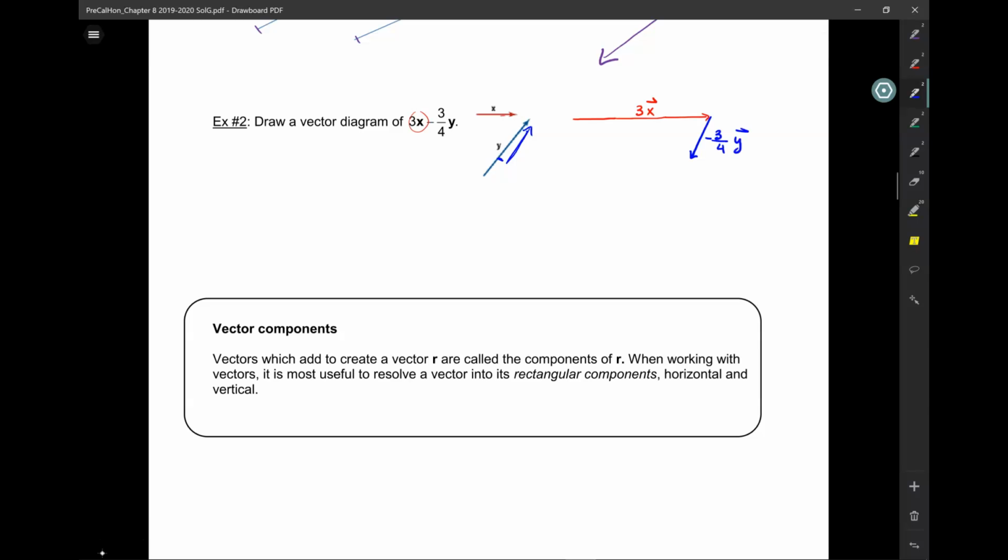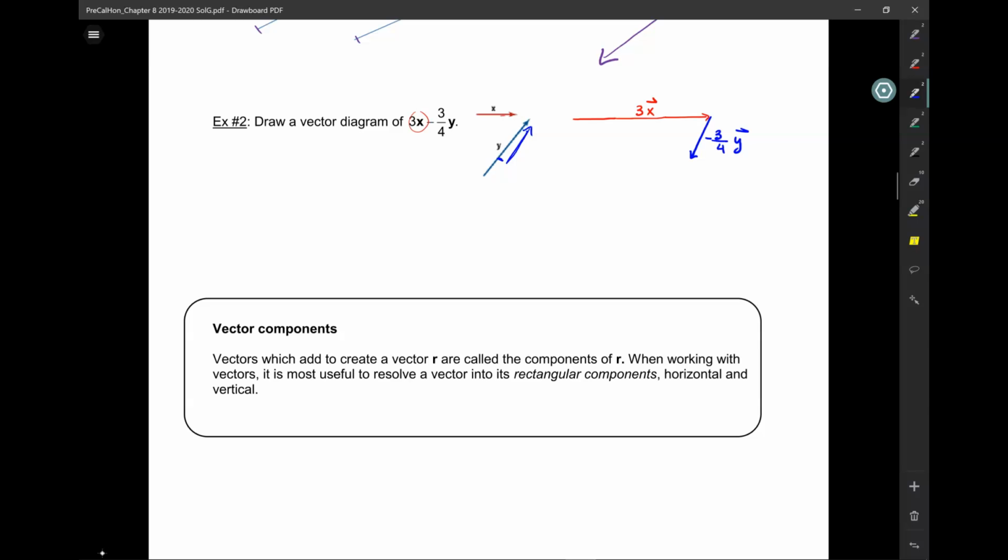And now it says to draw 3x minus 3/4 y, you want the resultant of that, the sum or the difference. We don't subtract vectors. That concept doesn't exist. You don't ever subtract vectors. You can subtract numbers, but we don't subtract vectors. We only add vectors.